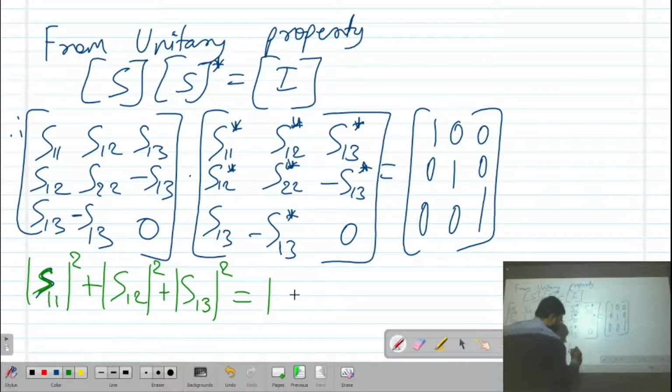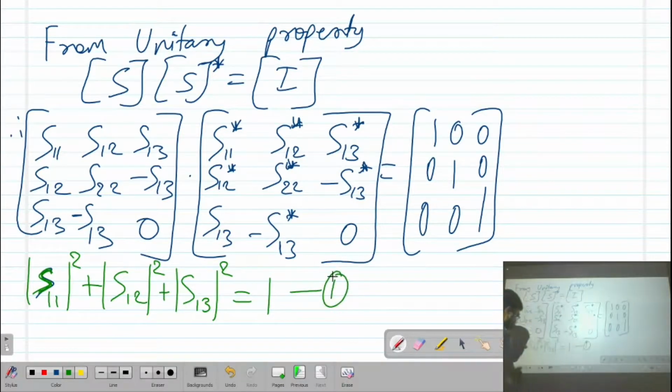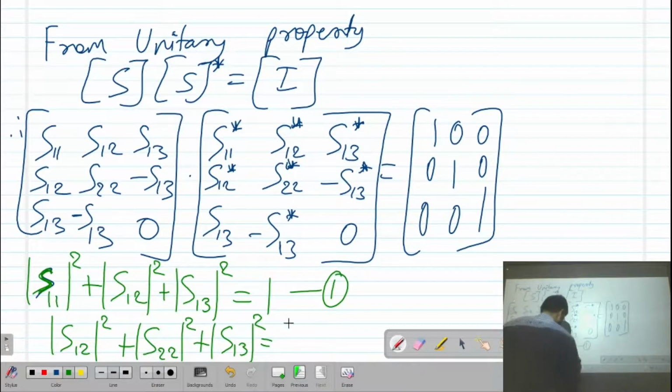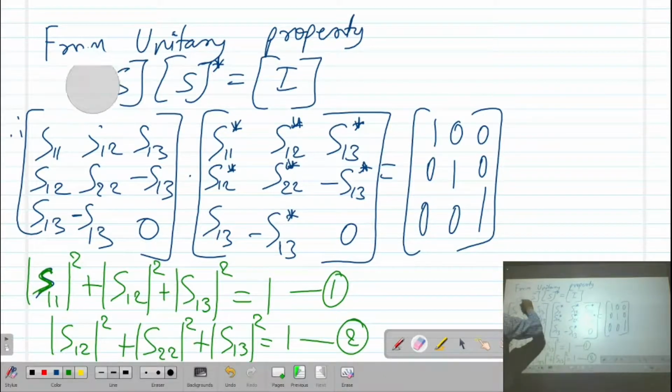This is equation number 1. From first row, second column, we will have S12 whole square plus S22 whole square plus S13 whole square is equal to 1. Equation number 2.